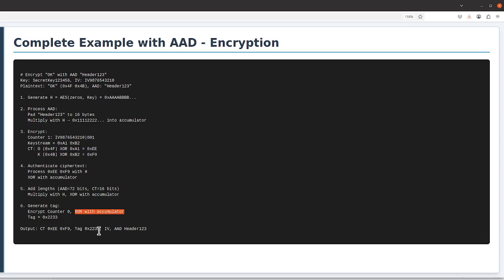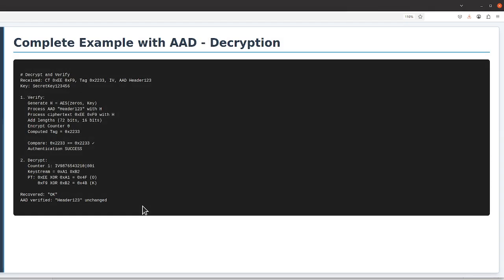This is our authentication tag, simplified to 16 bits for illustration. We send ciphertext 0xEE, 0xF9, tag 0x2233, IV, and AAD header 123 in plaintext.